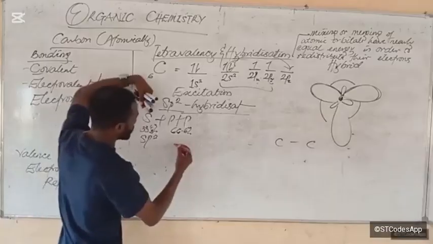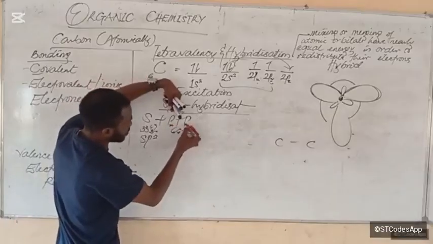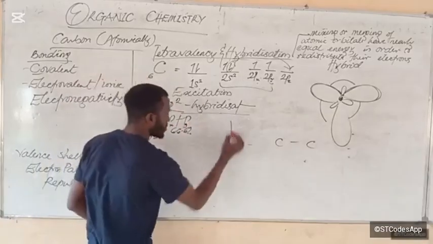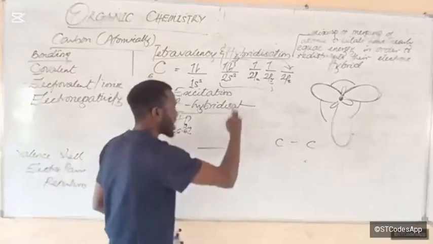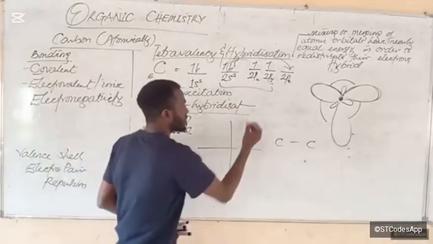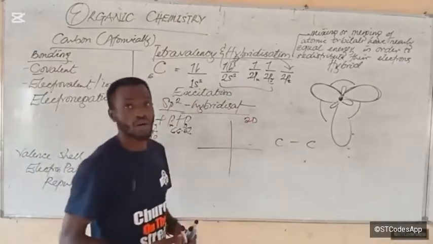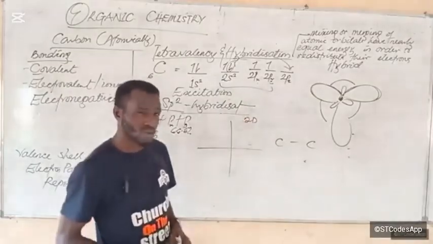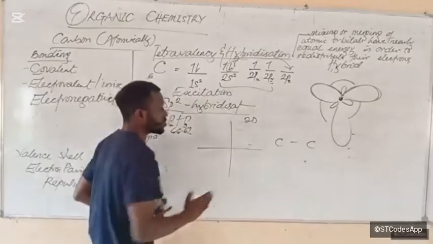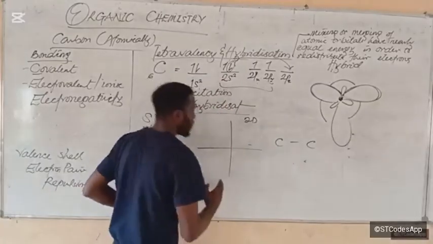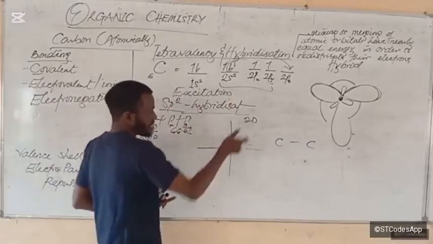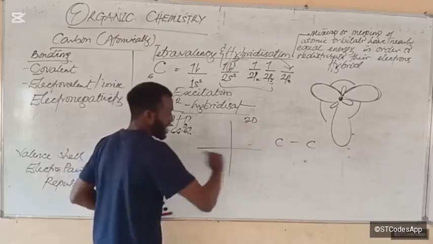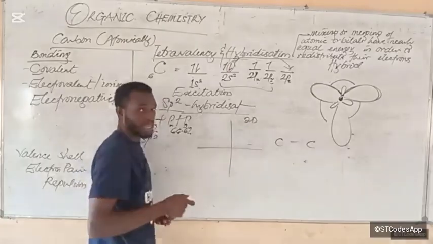The s orbital is merging with only the x and the y orbitals. Because of that, the molecule is going to exist only on the xy plane. So this is going to be a two-dimensional shape molecule. Does that make sense to you now?